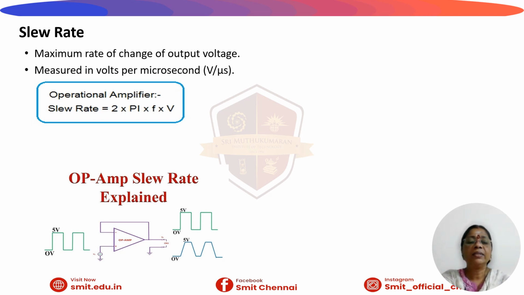The effect of slew rate can be improved by using high speed op amps. The effects of slew rate limiting are high frequency distortion and obstructed sharp rise and fall time.